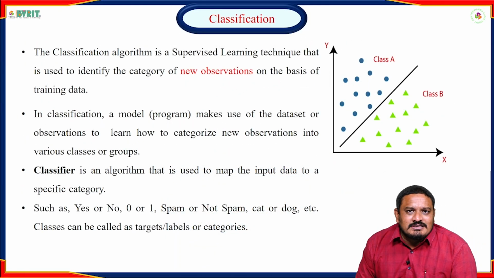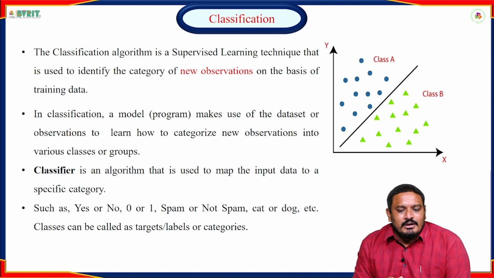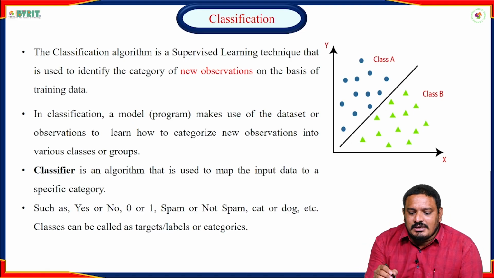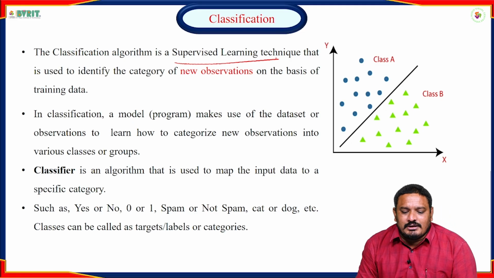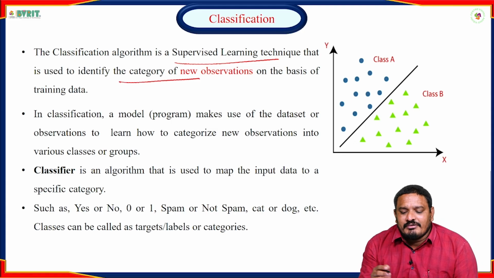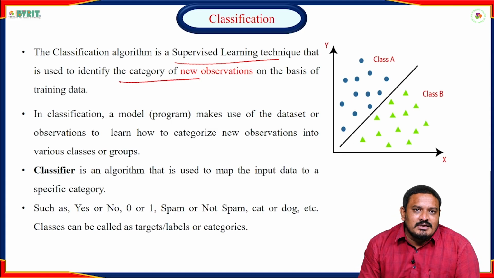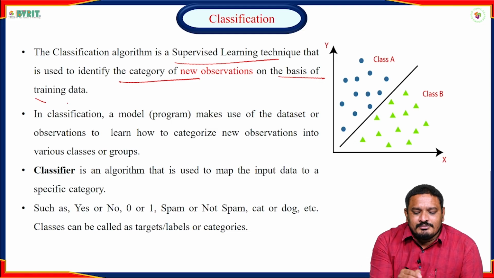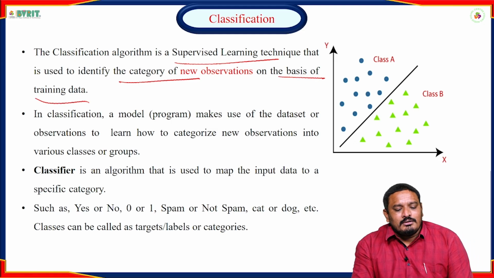Coming to the classification definition, one more important thing is classification. The classification algorithm is one of the supervised learning techniques that is used to identify the category of new observations on the basis of training data.